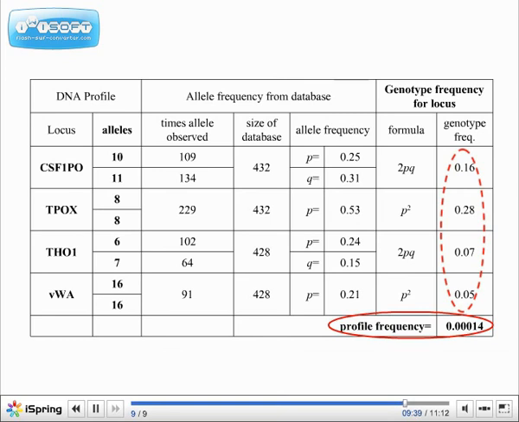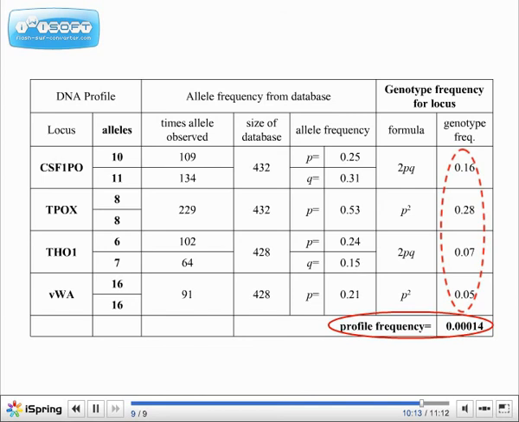Similar calculations are used to determine the genotype frequencies at the remaining 2 loci, TH01 with a calculated genotype frequency of 0.07 and VWA with a genotype frequency of 0.05. The profile frequency, which is the product of the genotype frequencies at the 4 locations, or 0.16 times 0.28 times 0.07 times 0.05, is 0.00014.